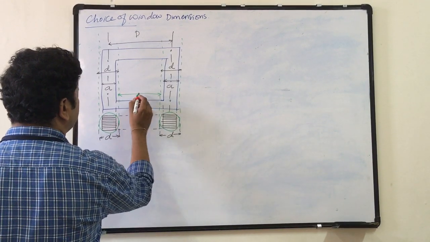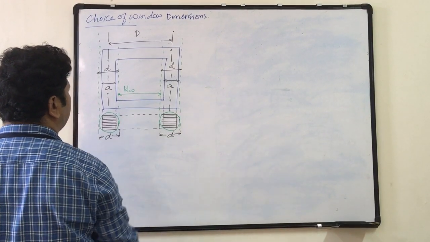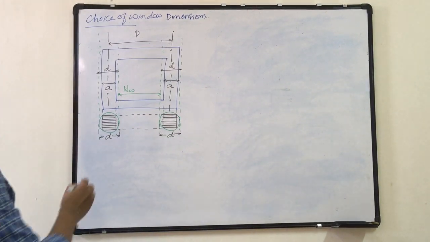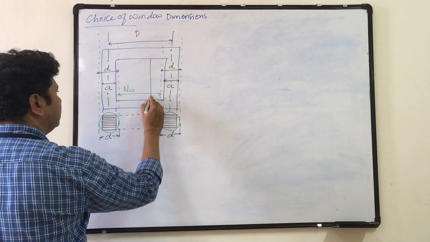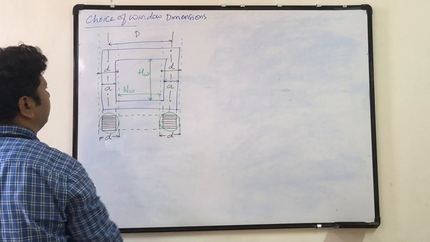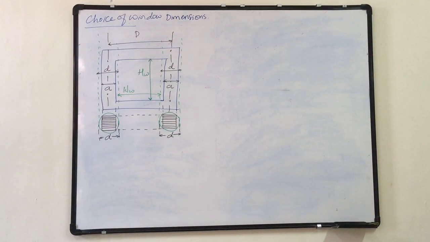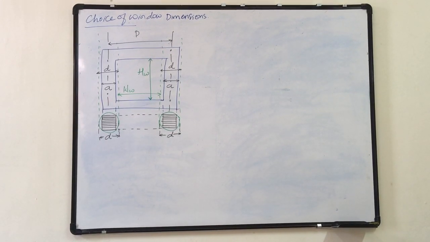This is the width of window, Ww, and this is the height of window, Hw. Height of window and height of core will be exactly the same.